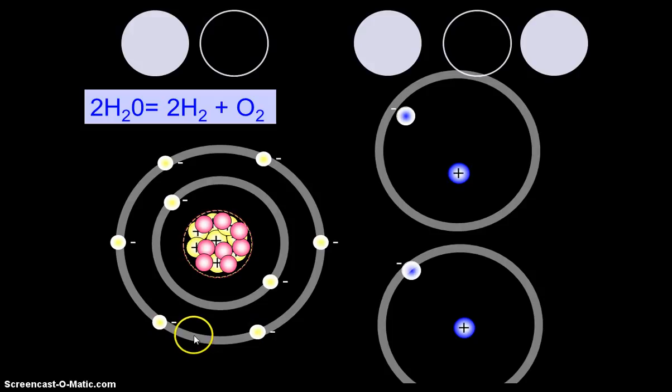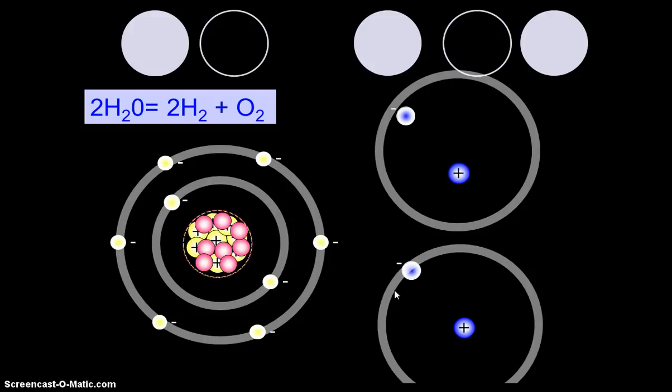So for this oxygen to become stable, it's going to want to fill its outer energy level, so it's going to need 2 more electrons to make 8. This hydrogen only has 1, so to make it stable, it wants to get rid of this 1 so it has a complete outer energy level, in essence.